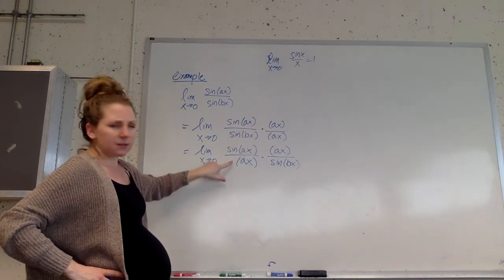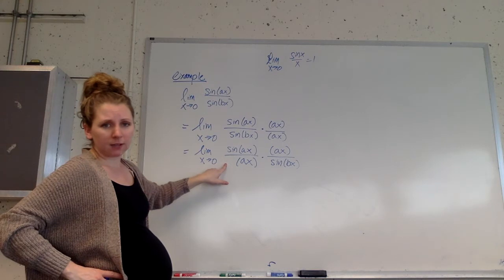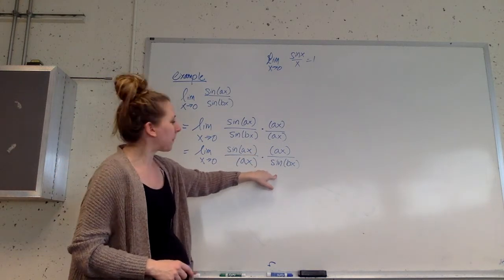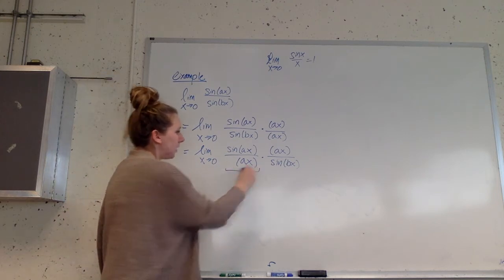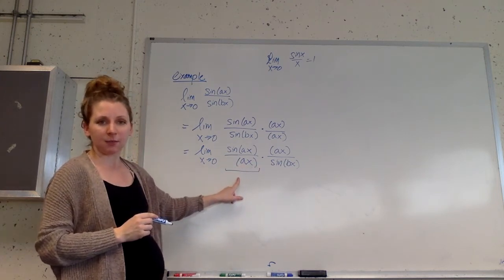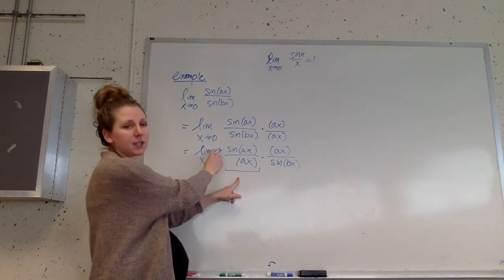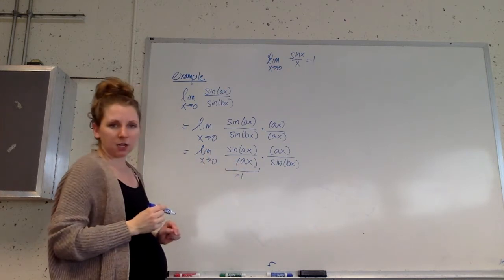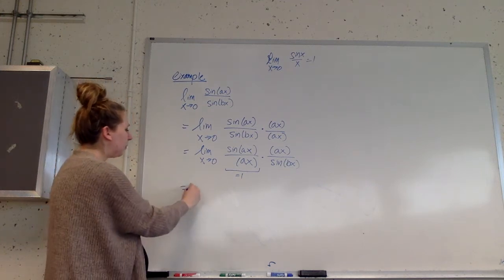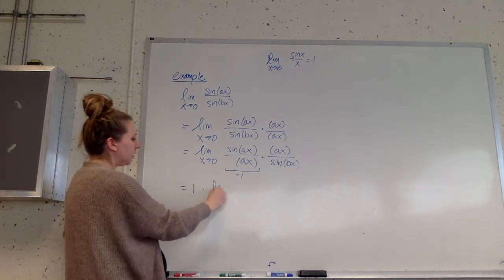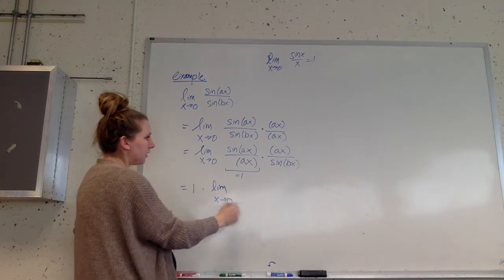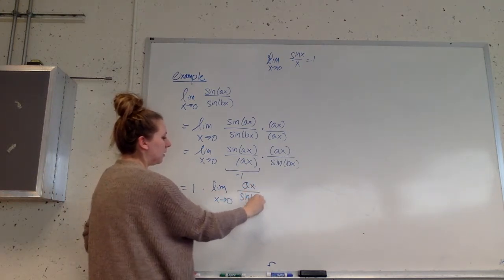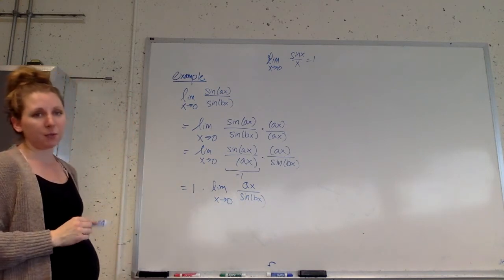Now I have the sine of ax over ax times ax over the sine of bx. So this limit, because the argument of sine and the denominator match, just equals 1. And so we're left with 1 times the limit as x goes to 0 of ax over the sine of bx.